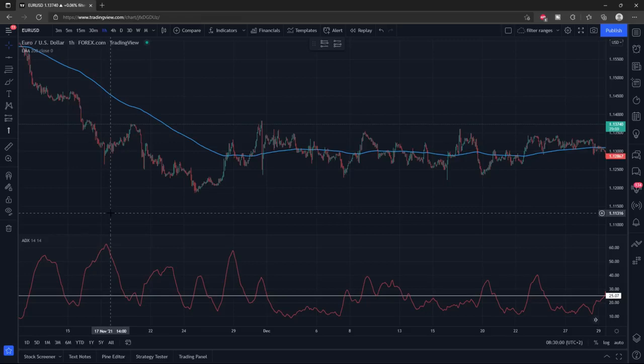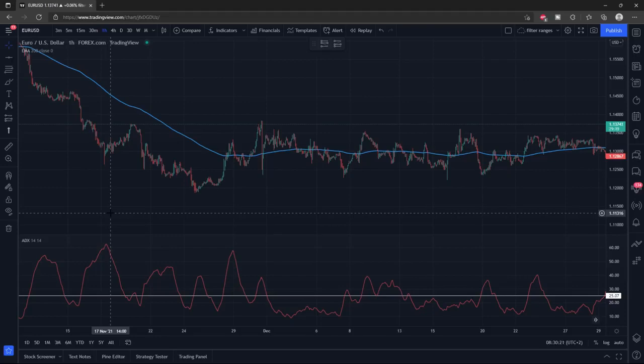The EMA approach is what has worked well for me, although there are a lot of traders out there who swear by the ADX as well, although personally it's not something that I use.